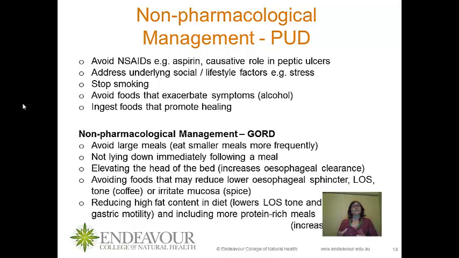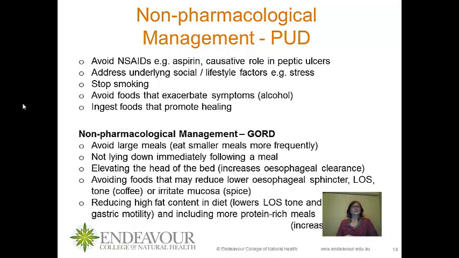They may be in bed for much of their day except for when they do physiotherapy, but still to elevate the head at least that 30 degrees. Then cutting out coffee and spicy foods, other things that might irritate and reduce that lower esophageal sphincter tone.